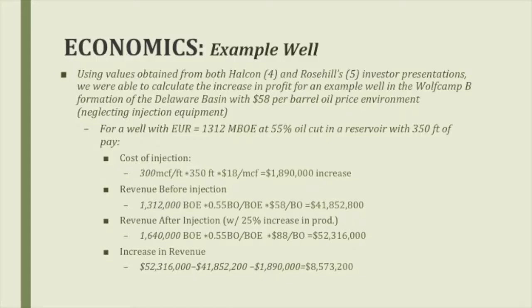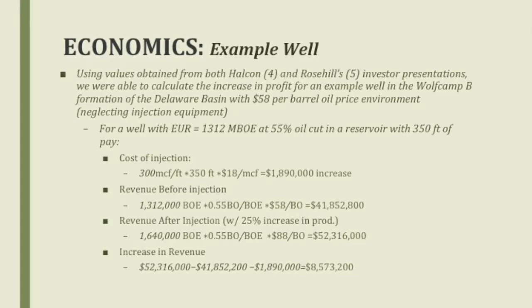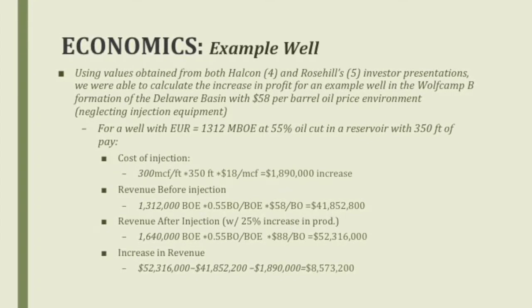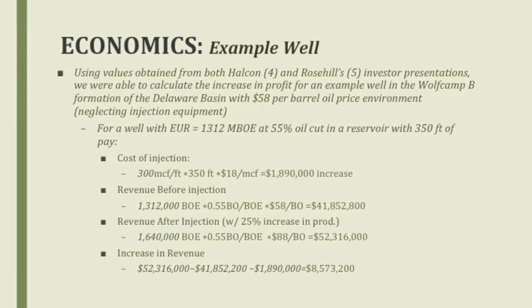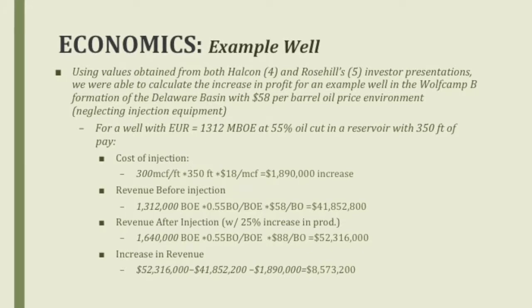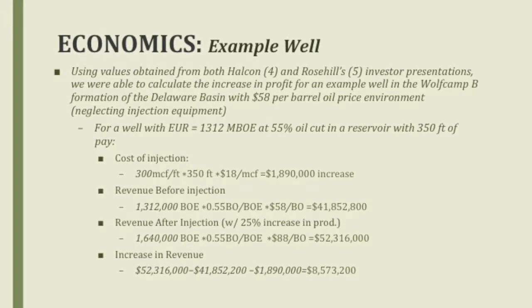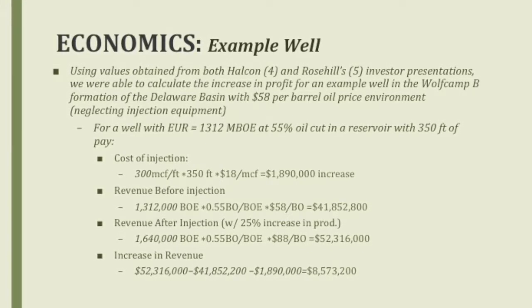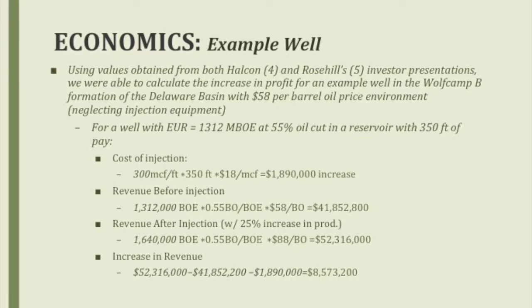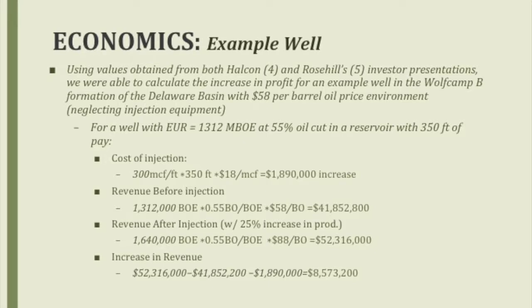So here we used data obtained from a Halcon and a Rosehill investor presentation, and we're able to calculate increase in profit for an example well in the Wolfcamp B formation of the Delaware Basin at this $58 per barrel oil price environment. Now, as you can see, this well had an expected ultimate recovery of about 1.3 million barrels of equivalent at 55% oil cut in a reservoir with 350 feet of pay.